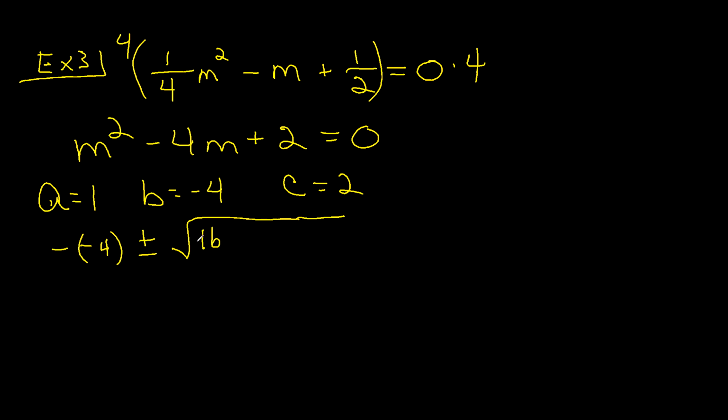I'll just do it as I go. I think you kind of got the idea. Negative 4 squared, and it's going to be minus 4 times a, which is 1, times c, which is 2. All over 2 times 1.